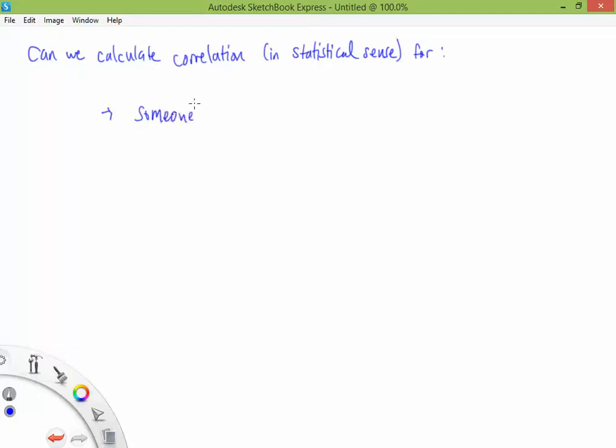Okay. So, can we calculate correlation in the statistical sense for someone's IQ score and their weight?